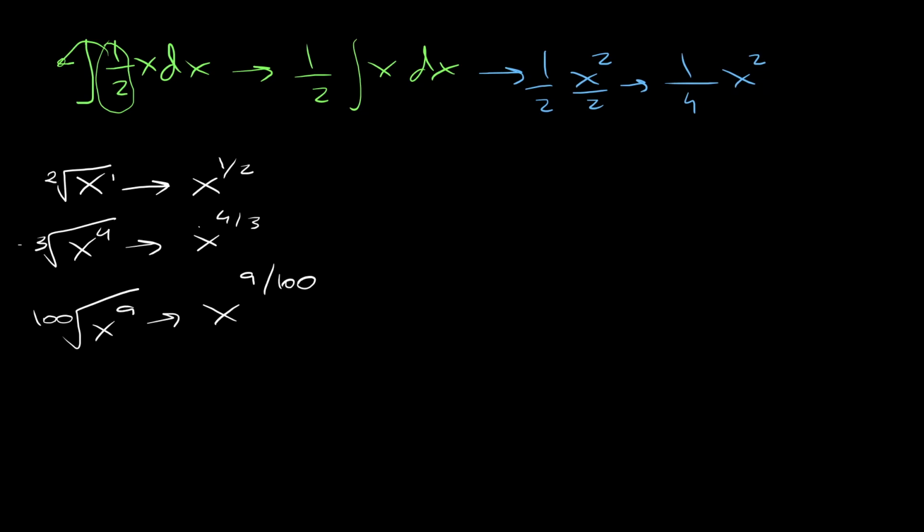Okay, so now that we have this out of the way, let's solve some problems with square roots, because these appear quite a lot. So let's say you're asked to solve the integral of this one. We are going to use the exact same principle that we have just shown, and use the same properties that we used before in order to solve integrals.